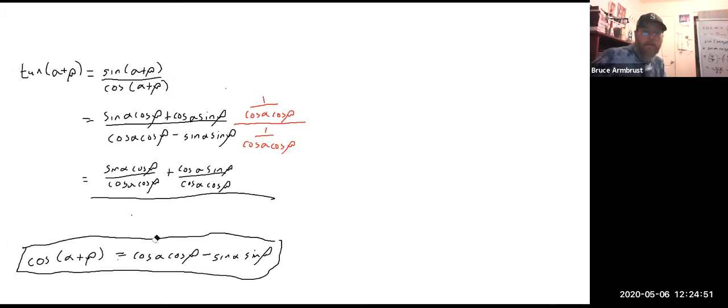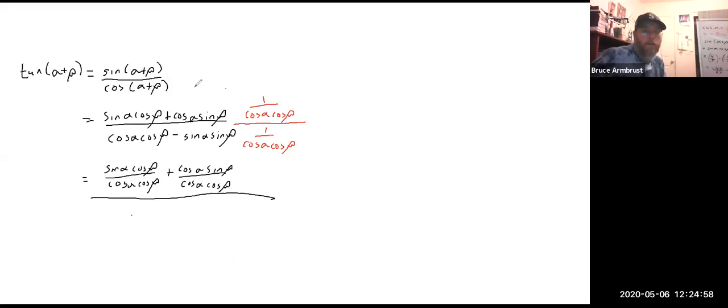Okay, so then I'm going to need to do the same thing on the bottom. So I've got now cosine alpha cosine beta over cosine alpha cosine beta minus sine alpha sine beta over cosine alpha cosine beta.